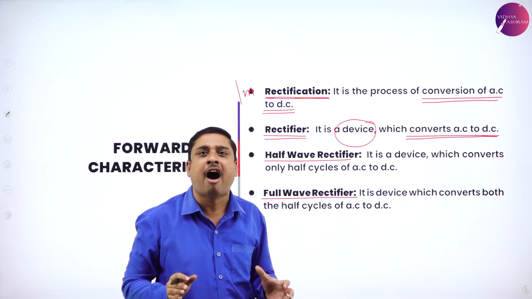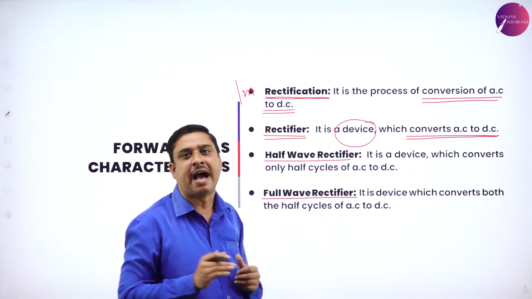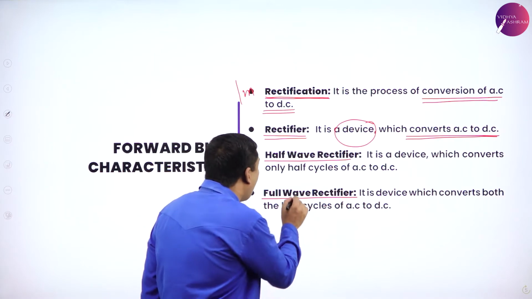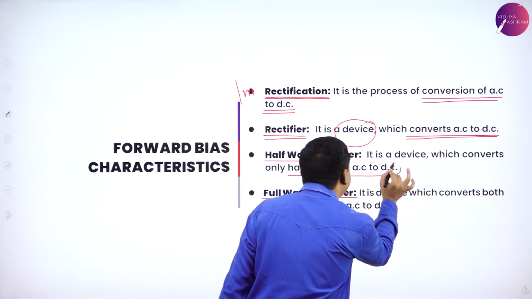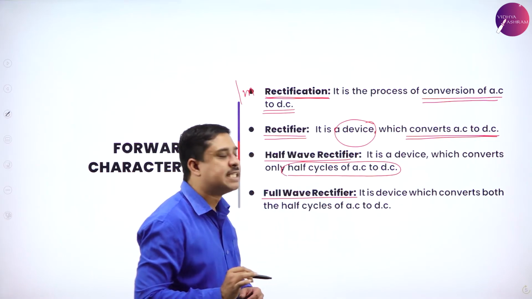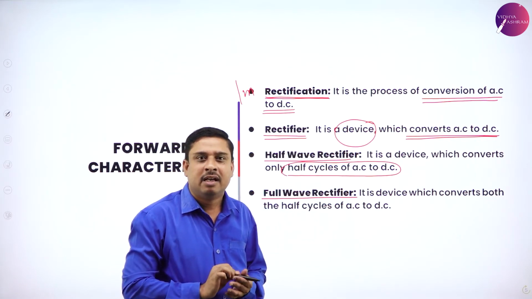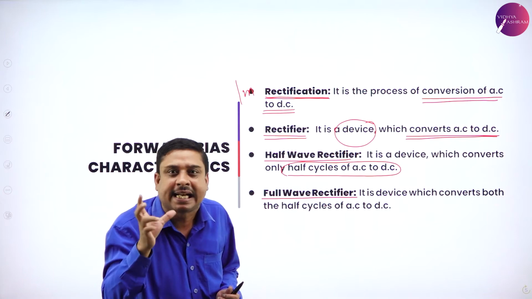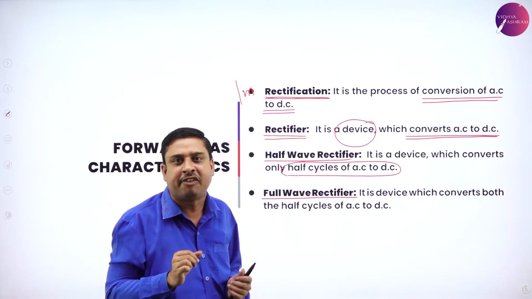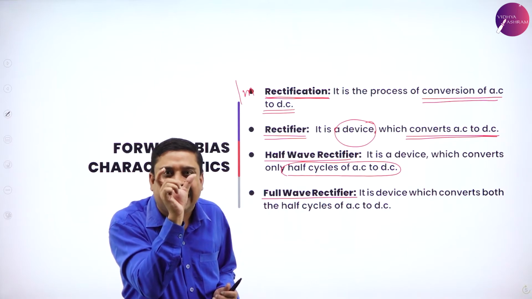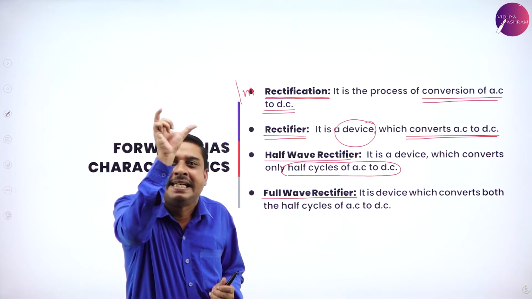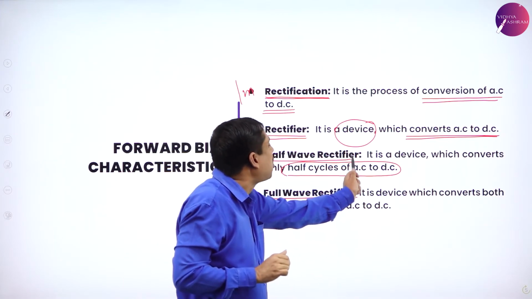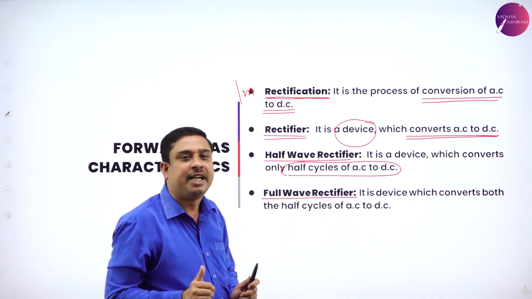What happens in a half wave rectifier? As the name itself says, only half cycles of AC are converted to DC. A half wave rectifier does not convert the AC to DC in full; only in some cycles does AC get converted to DC. Only half cycles of AC are converted to DC.